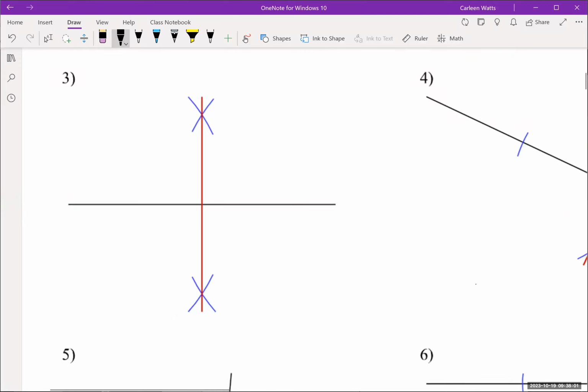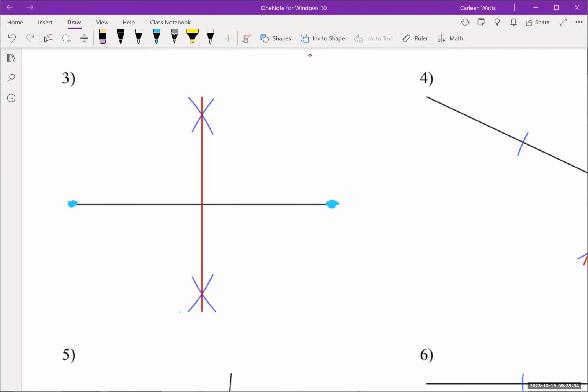Okay, number 3, there was only the black. And you can see from this endpoint, we made that arc and that arc. From the other endpoint, notice this one has endpoints. This one's a little trickier. From this endpoint, we reach to the sky and reach to the ground. From this endpoint, reach to the sky, reach to the ground.